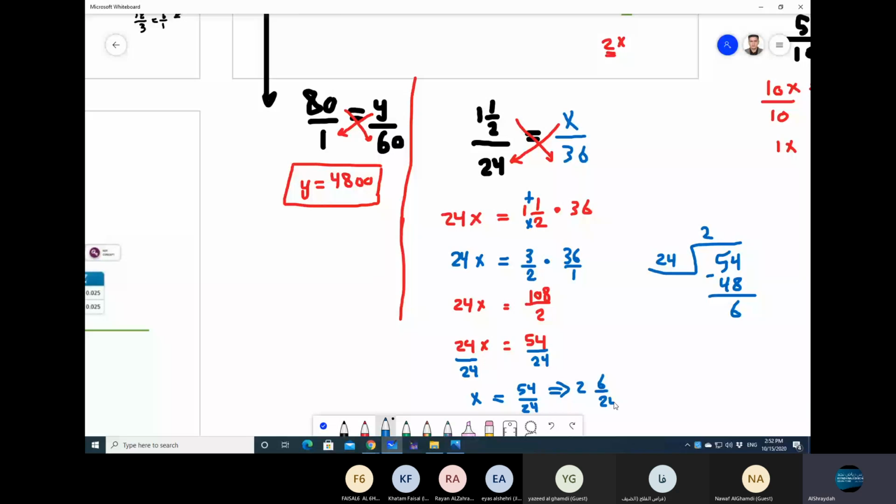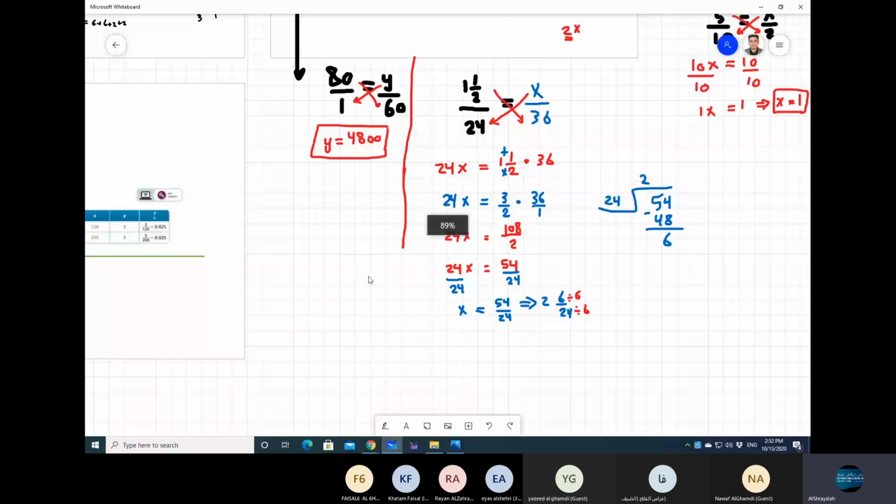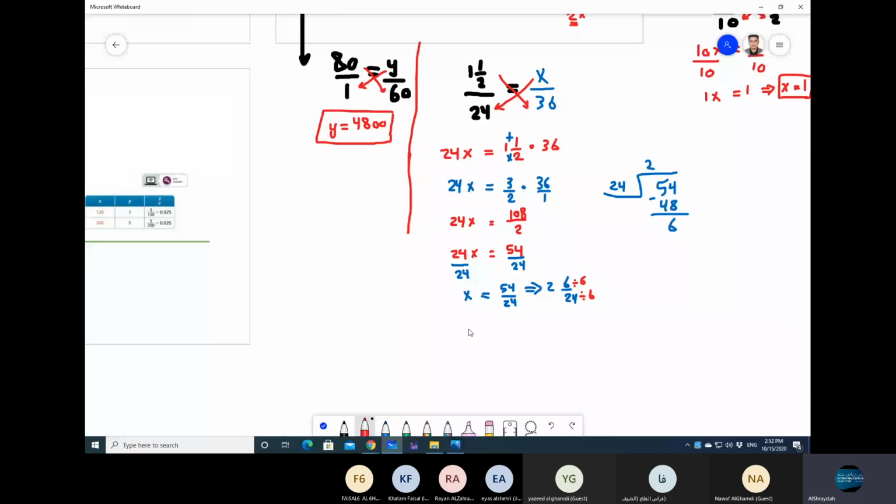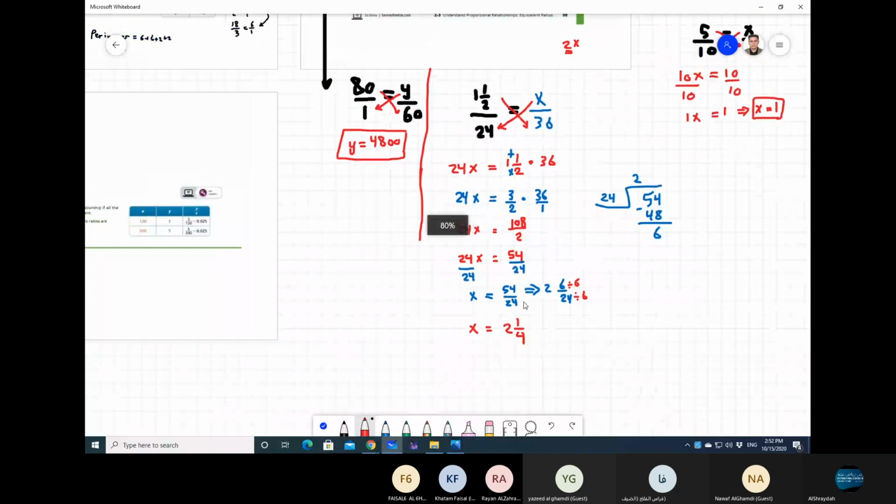We can simplify it more. We can divide this by 6, and we divide this by 6. So x will equal 2 and 1 over 4.